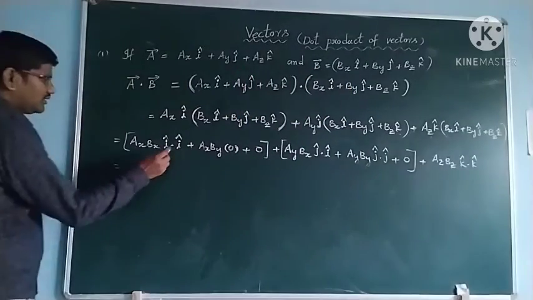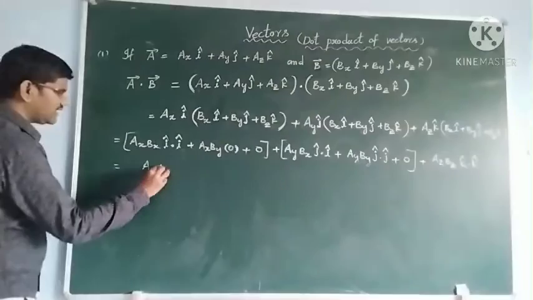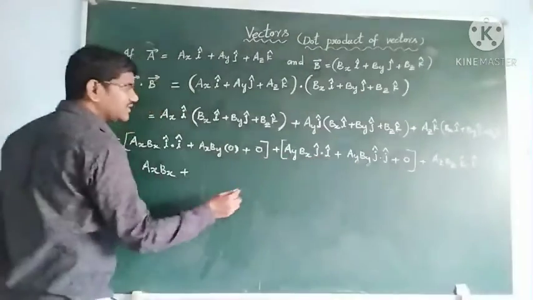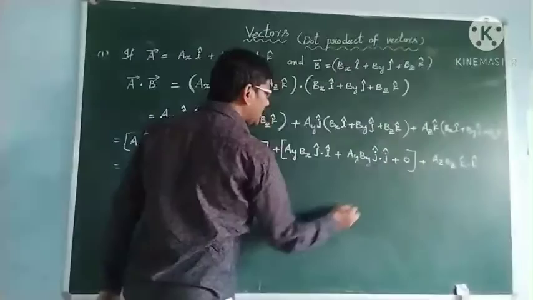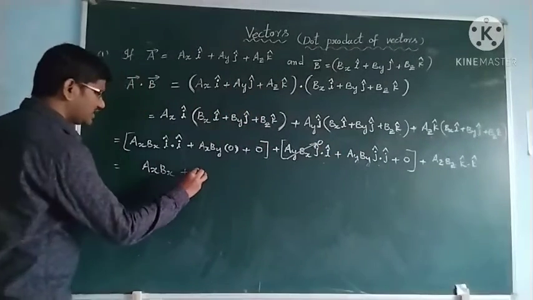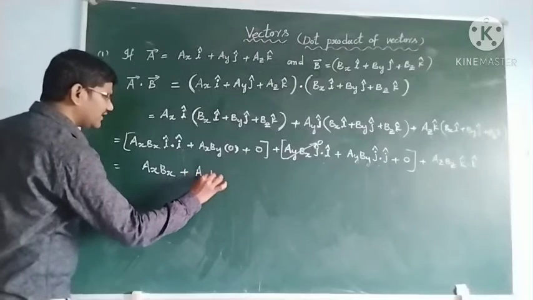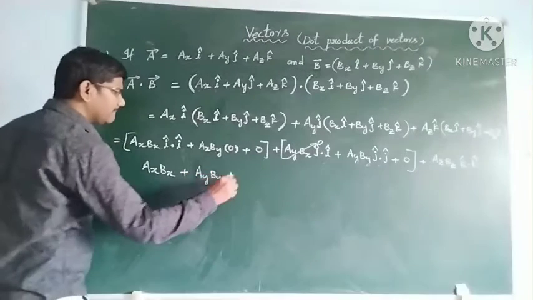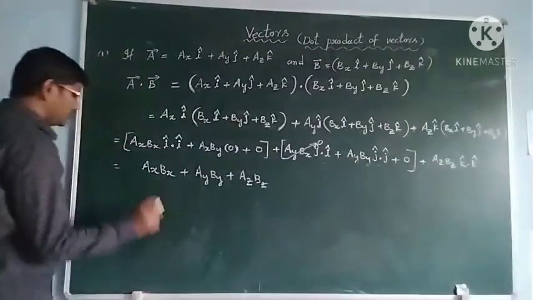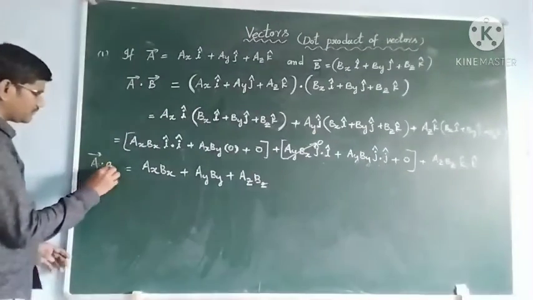Then I cap dot I cap value is 1, so you are getting Ax into Bx, plus J cap dot J cap value 1, and this is 0. So Ax into Bx, and next one Ay into By plus Az into Bz. Okay students, that is called A bar dot B bar.